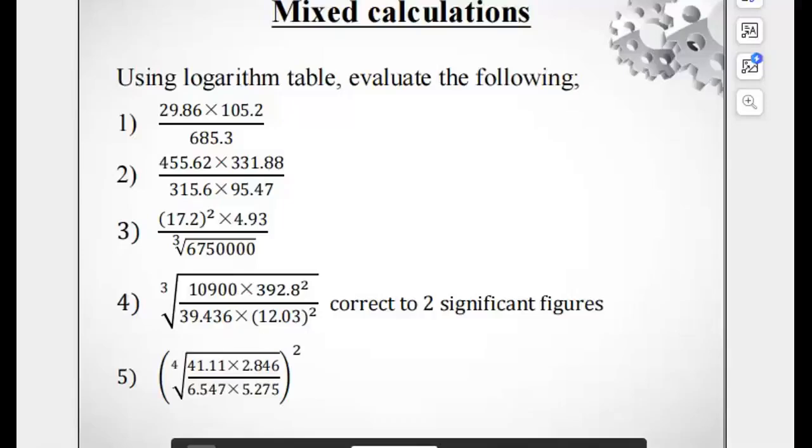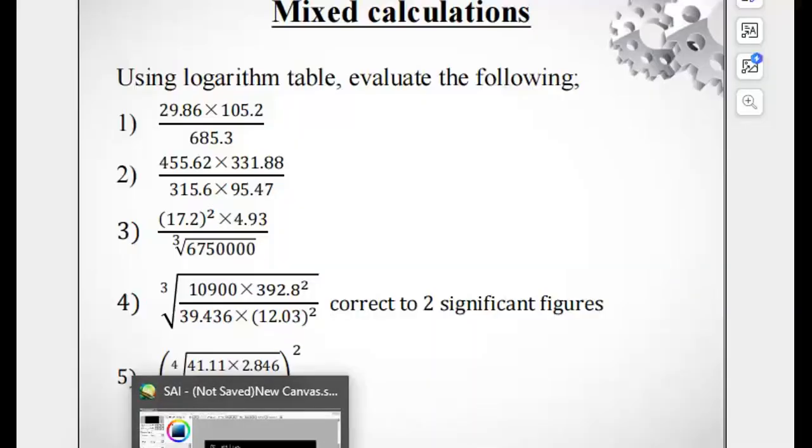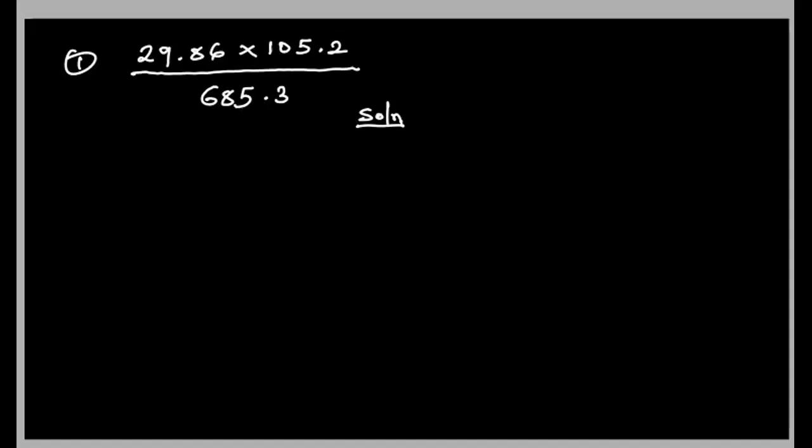And for the first one, we have 29.86 times 105.2 all over 285.3. So we have our setup this way.